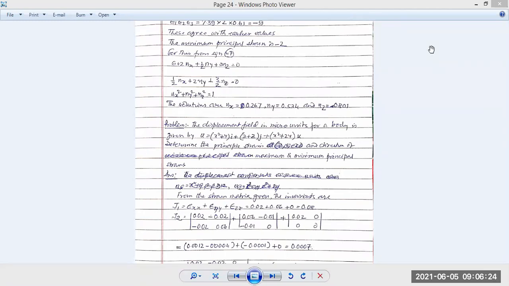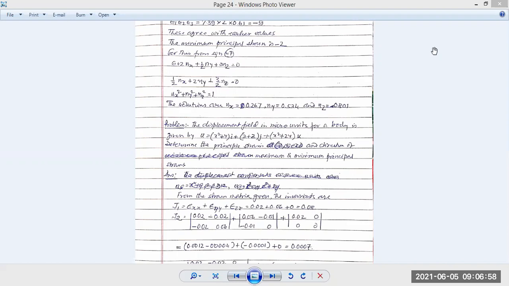These are the projections along the x-axis, y-axis, and z-axis, and they are known to you. So we have to determine the principal strains and their directions, the directions of the maximum and minimum principal strain. We have to calculate the principal strain in all three directions and their orientation with the x, y, and z axes.